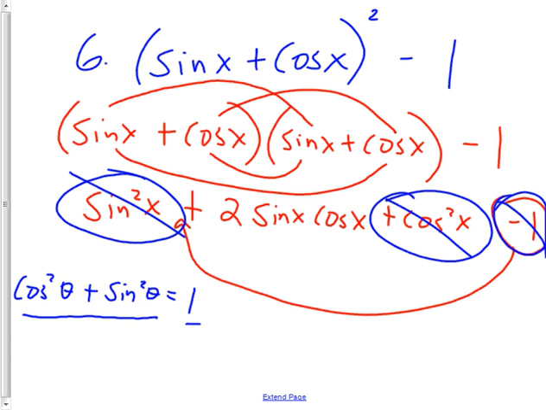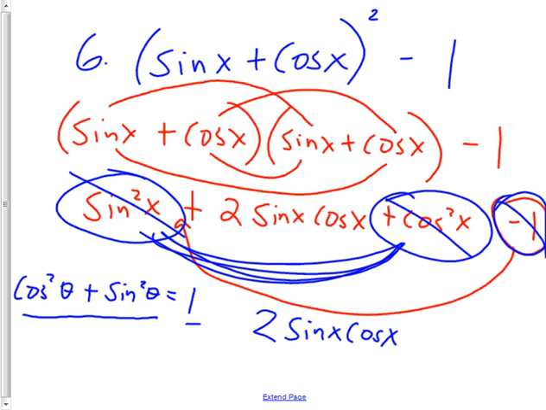And now I've got 2 sine x cosine x. Why did it cancel? These two together made 1. Do you get that? Because it says so right here: cosine squared plus sine squared makes 1. And then the 1 and the negative 1 cancel. You get that? All right. Final answer, 2 sine x cosine x.